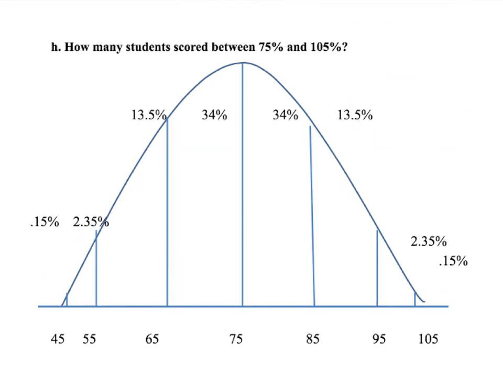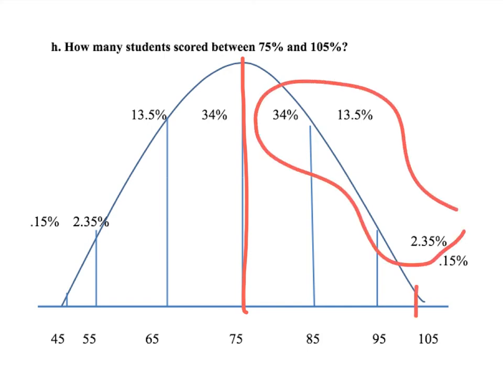And how many students scored between a 75 and a 105? If you add these percentages up, which we already did, that would be 49.85%. There was a total of 300 students.